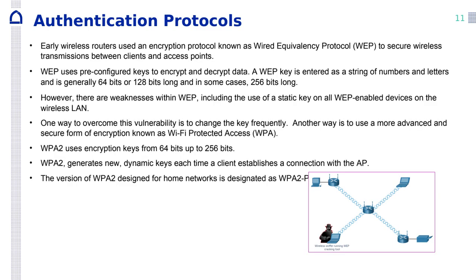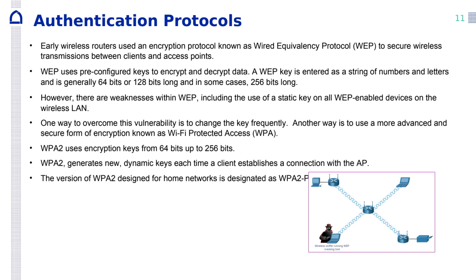And we said that there are different authentication protocols. In the early days of Wi-Fi, they used WEP. Okay, but WEP is not secure. Okay, because it uses pre-configured keys to encrypt and decrypt data, and it is a string of numbers and letters. Okay, 64 bits or 128 bits, and sometimes 256, but still it's not good enough.